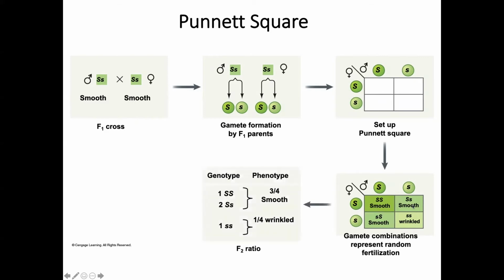Because smooth is the dominant allele, phenotypically the two heterozygous offspring also show the smooth phenotype. In exams, they always have questions asking about the ratio between different phenotypes or genotypes, okay? So you have to pay attention to what the questions ask so that you can give the right answer.